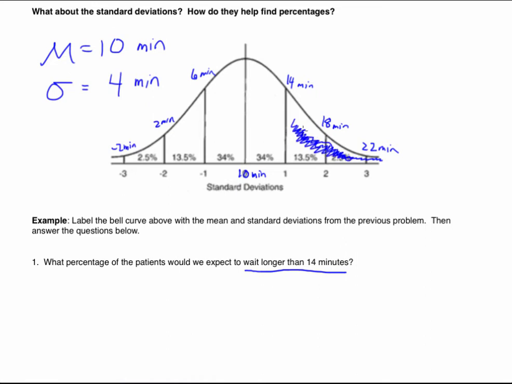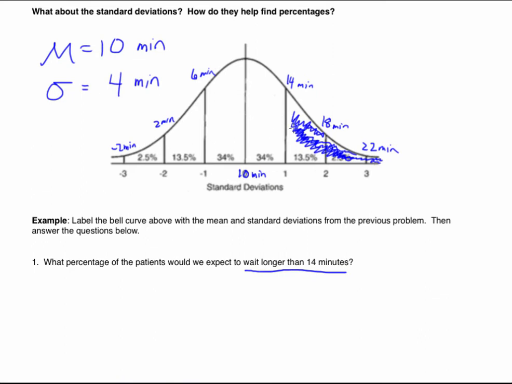And this isn't going to be perfect. In fact, what we're going to find is that when we move into more complicated problems, what we get in this problem is going to be an approximation. But on the next types of problems, we can get more precise answers. So here, what I'm looking for is the area in this block plus the area in this block. And this area is so small that we're not even going to consider it.